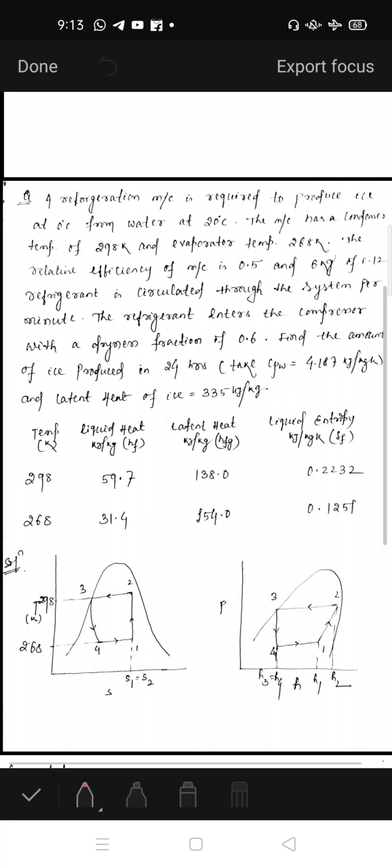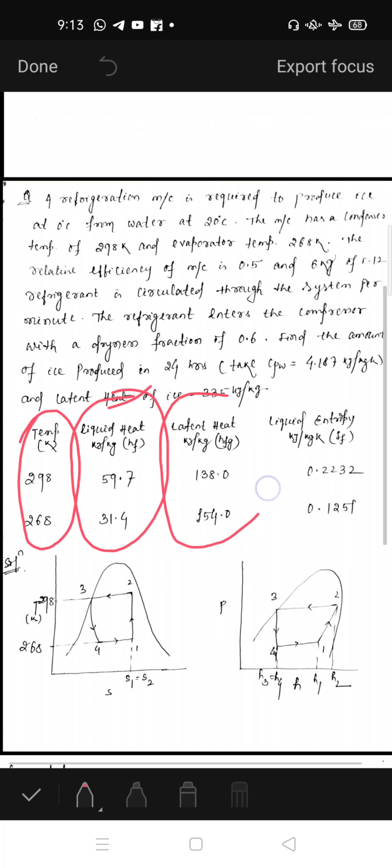Here you can see the temperature table. It gives the liquid heat, HF, the latent heat, HFG, and the liquid entropy, SF. Clear?